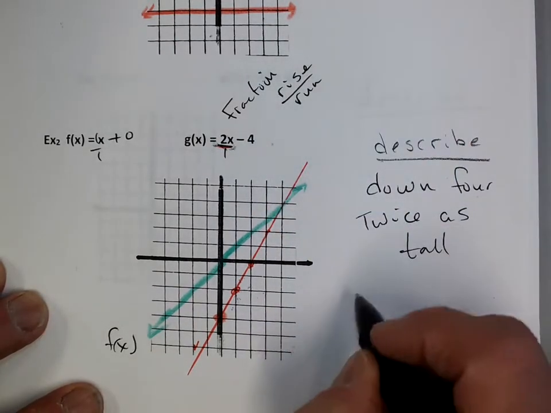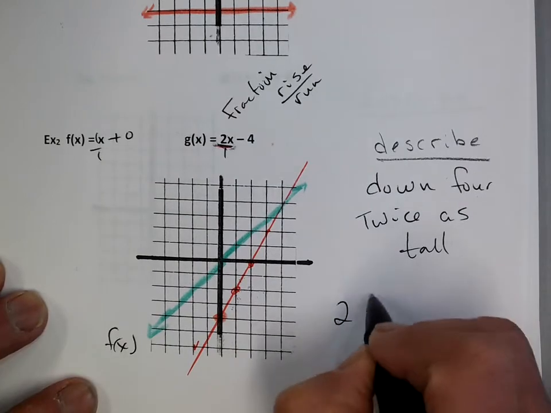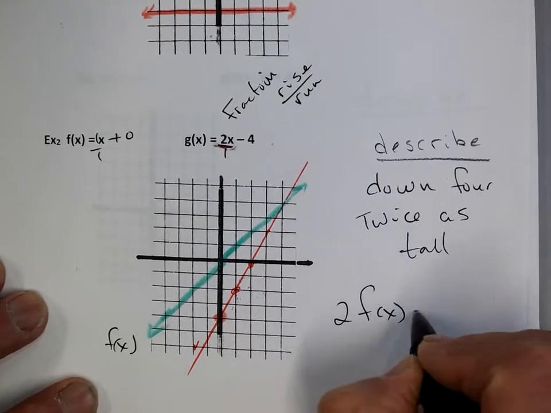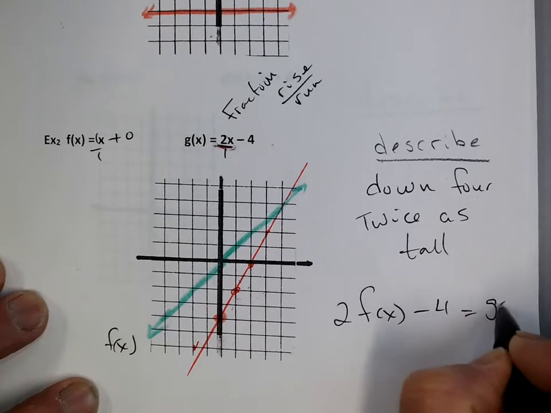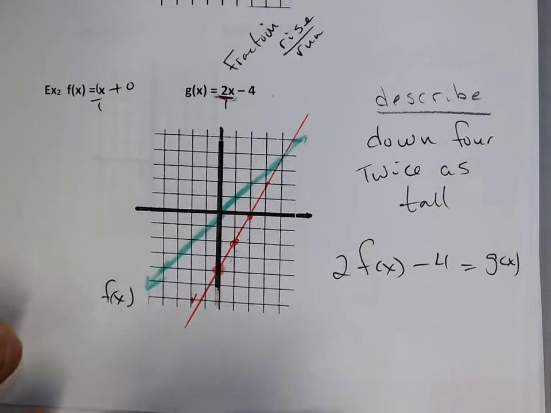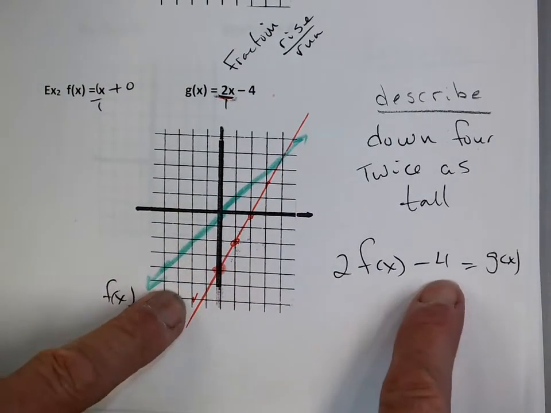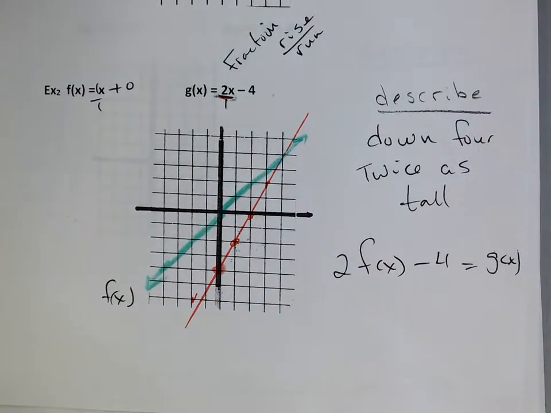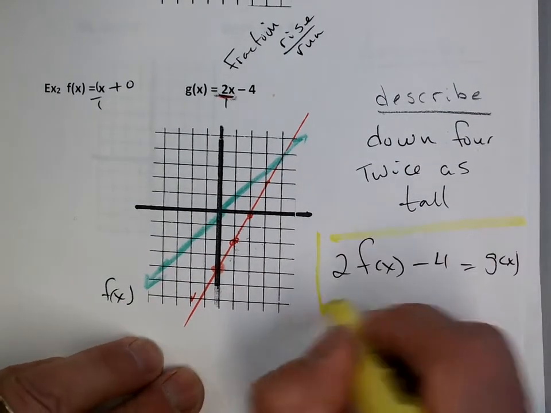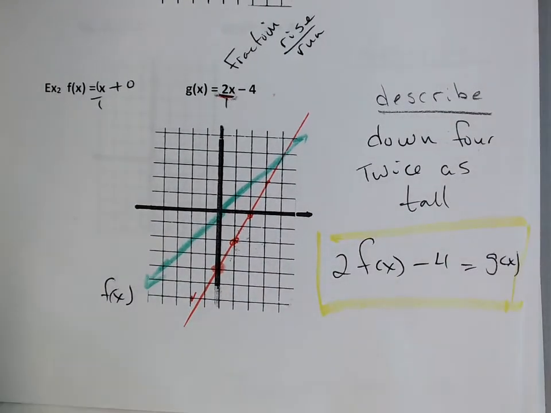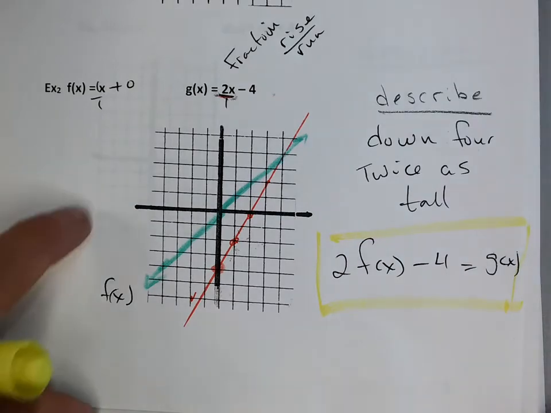As a formula, we took f of x, we went twice f of x, we went down 4 to make g of x. We went twice f of x, so we doubled the height, and we went down 4. That's what I like. I like that better. If you give me words in the beginning, I can take words, okay? But I like that better, okay?